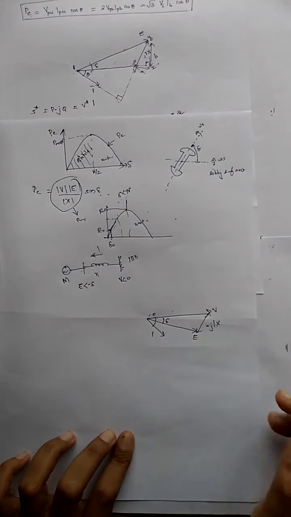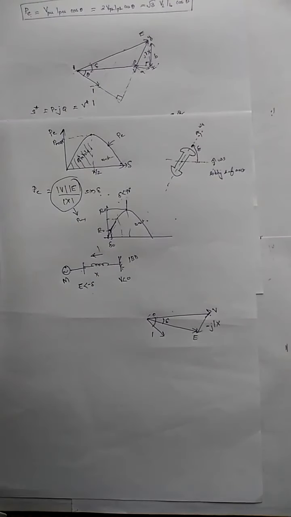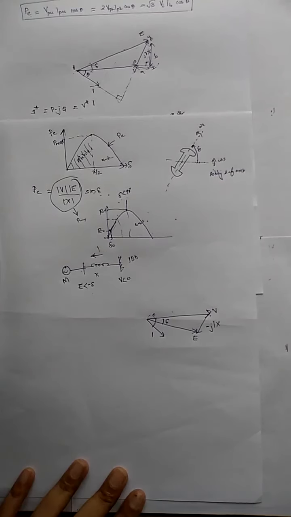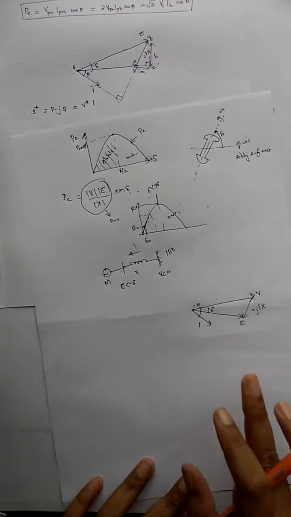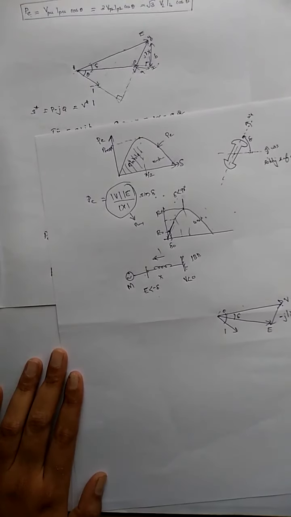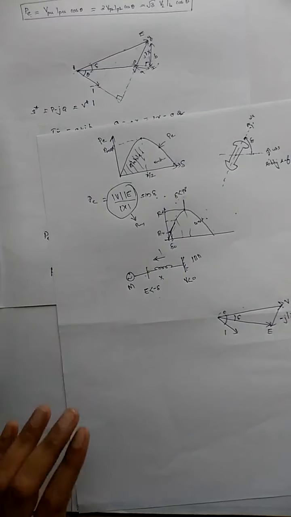We will discuss that again in the lecture on the inertia constant and swing equation, where I will again tell you how it is. So this is the phasor diagram when the machine is working as a motor.